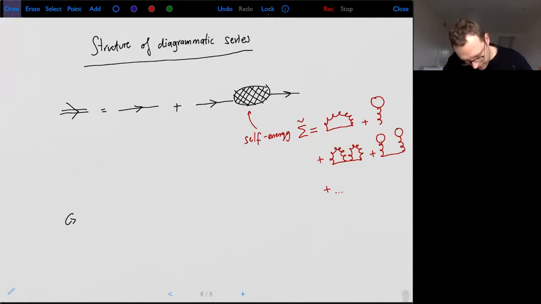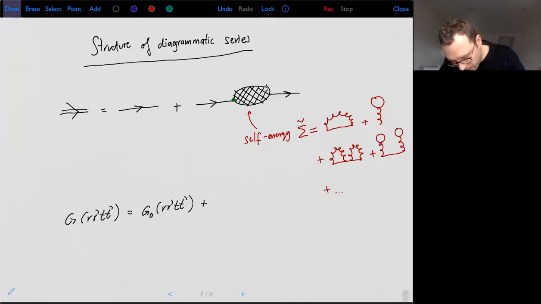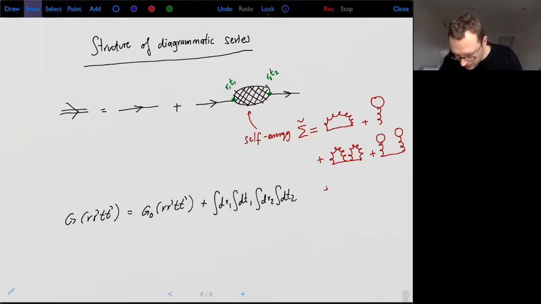What this says is just that G(r', r, t, t') is given by G0(r', r, t, t') plus, and now I use my rules: I put in some intermediate points, and then I integrate over those intermediate points. So I get something like dr1 dt1 dr2 dt2.